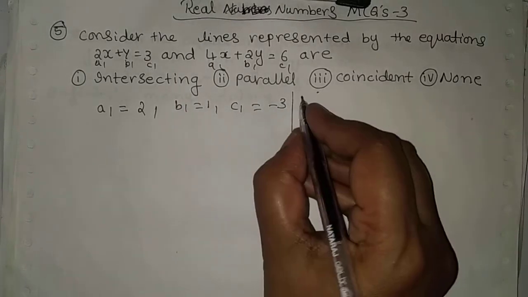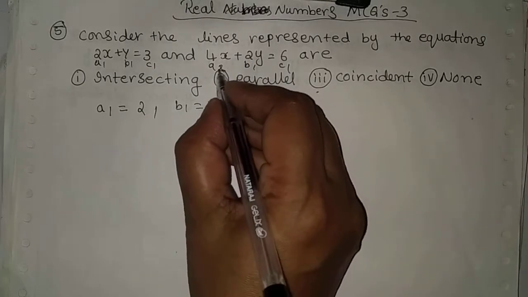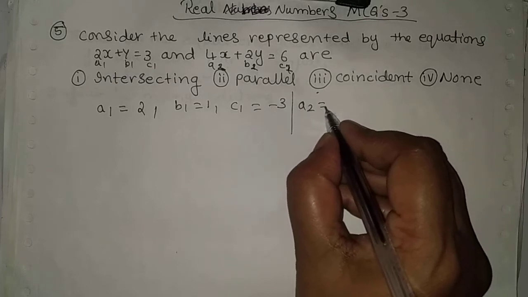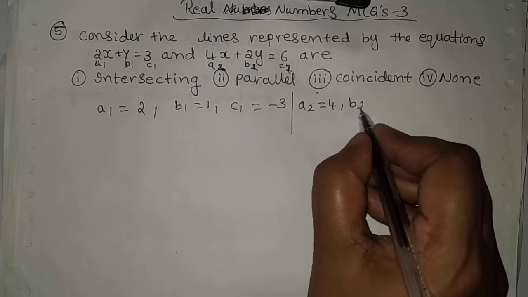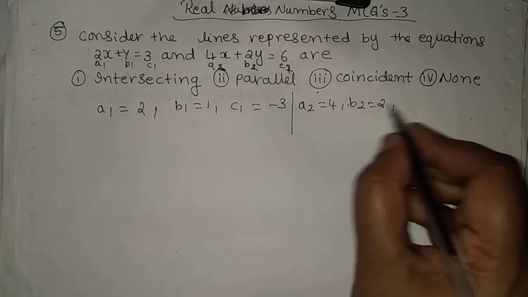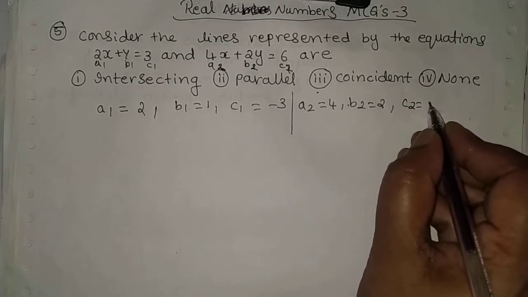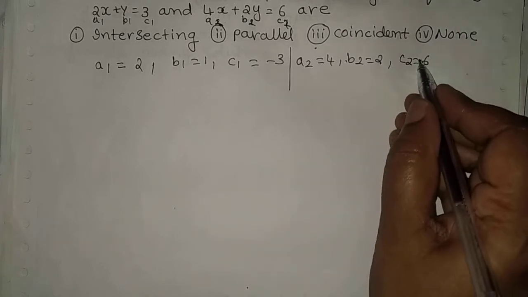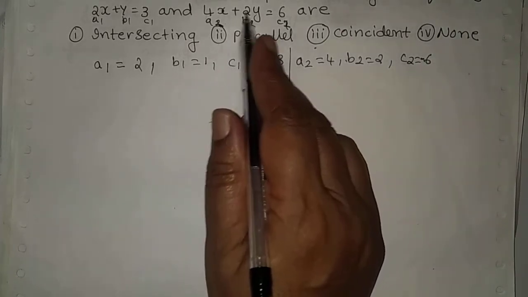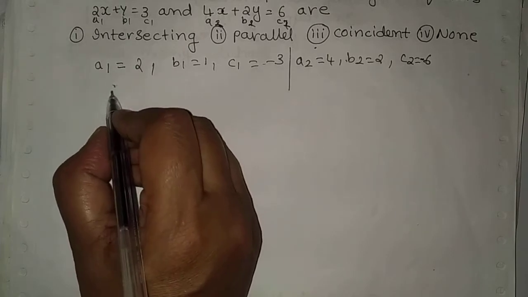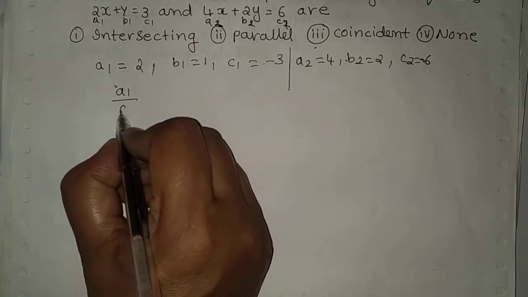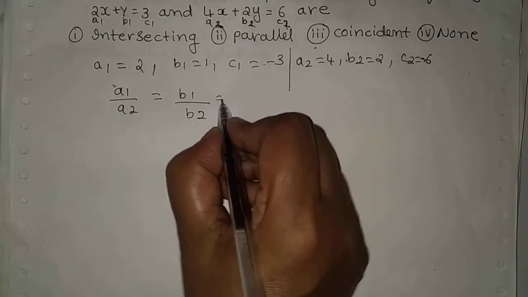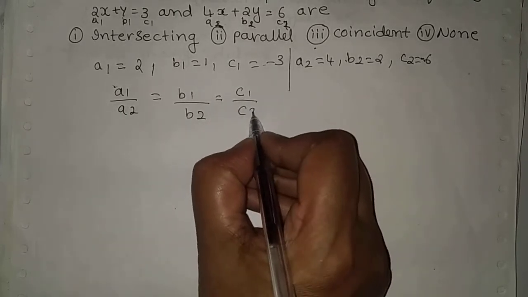And now next is A2, B2, C2. A2 is 4, B2 is equal to 2 and C2 is equal to minus 6. Therefore, we check A1 by A2 is equal to B1 by B2 is equal to C1 by C2.